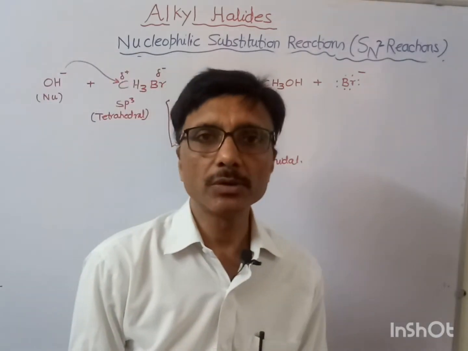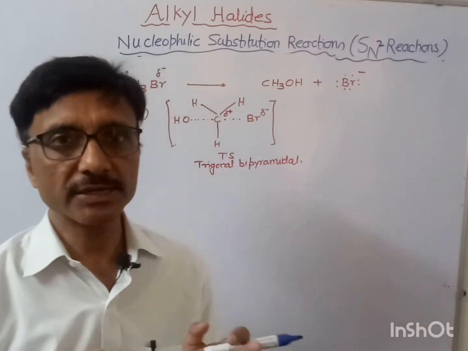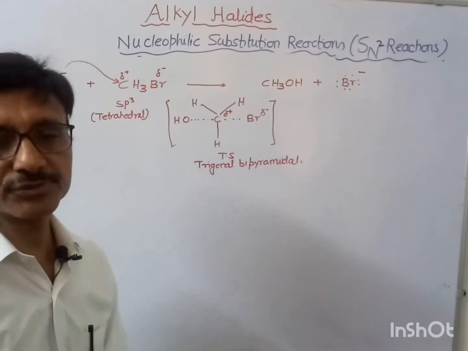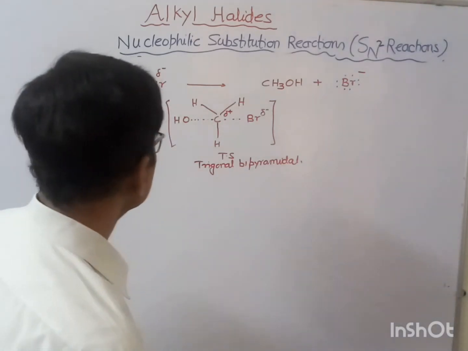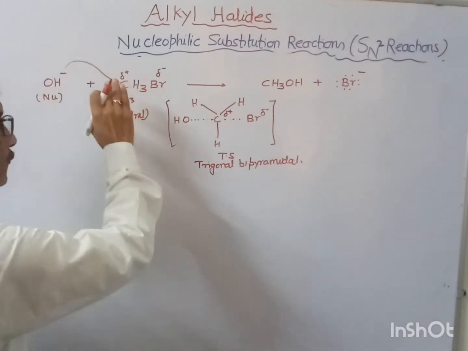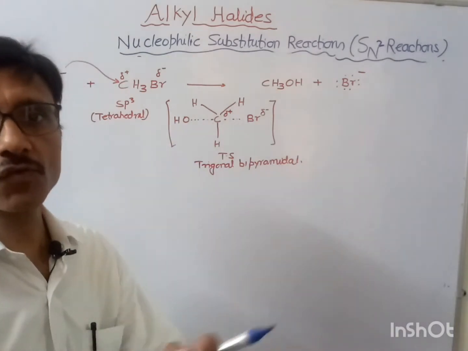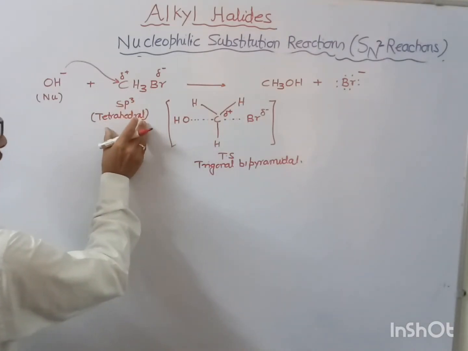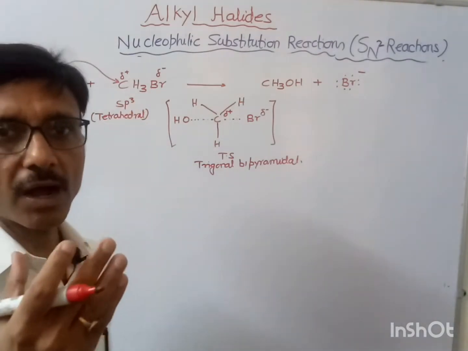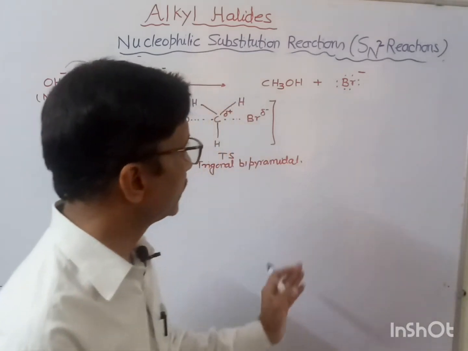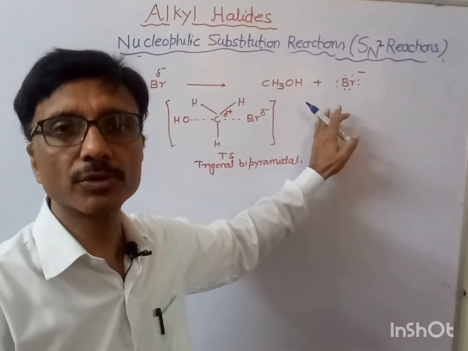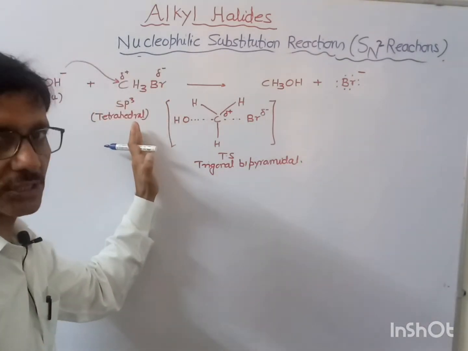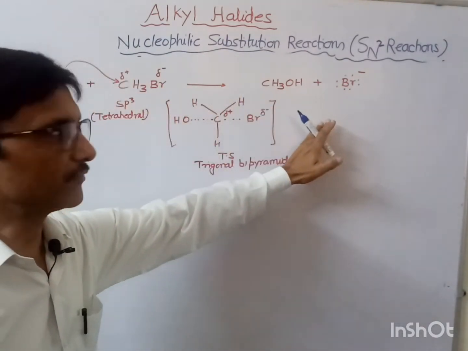As I told you in the features of the SN2 reaction, the nucleophile attacks the substrate molecule from the back side, so inversion of configuration takes place. If the substrate has the R configuration, the nucleophilic substitution product will have the S configuration, and if it has the S configuration, the product will have the R configuration.